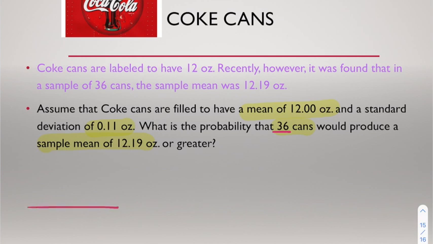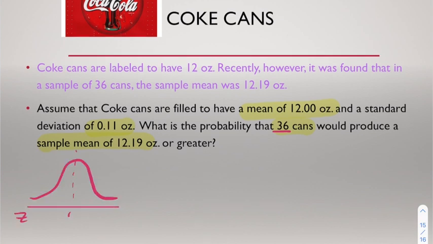Let's take a second to draw our picture. Our z in the middle is always 0, and the mean is 12, so we're going to have 12 here. Now the x, or what's really an x bar, meaning a sample mean, is 12.19, and we're interested in that or greater. So I'm going to put 12.19 on the x-axis and shade to the right. We need to know a z-score for that x.